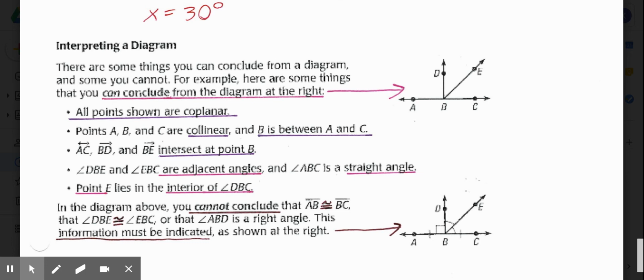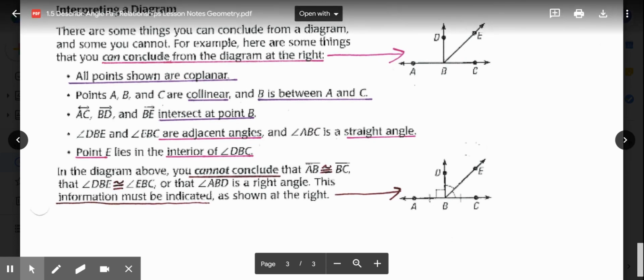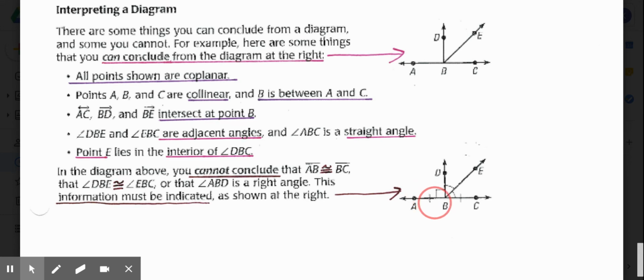Again, it looks like it's 90 degrees, but they don't give us any symbols or measurements, so we cannot say it's a right angle. In order to conclude any of those pieces, we would have to be given the symbols like in this diagram here. So this diagram would have to be updated to look like this in order for us to conclude these statements. Then the hash mark on AB and the hash mark on BC mean they're congruent.